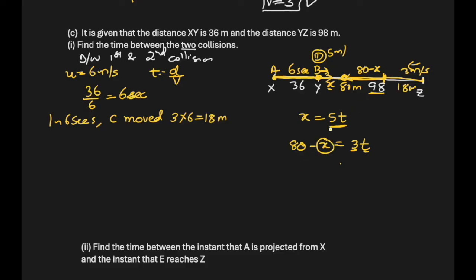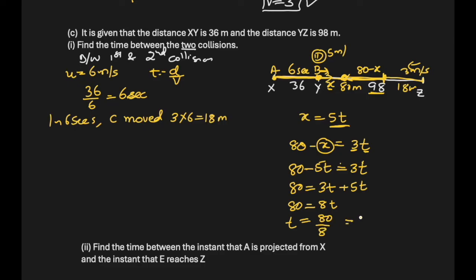Now I will substitute this x with 5t. 80 minus 5t equal to 3t. x is eliminated. So x was our assumption, it is eliminated. 80 equal to 3t plus 5t. So 80 equal to 8t. So t comes out to be 80 divided by 8, 10 seconds. The time between two collisions is 10 seconds.